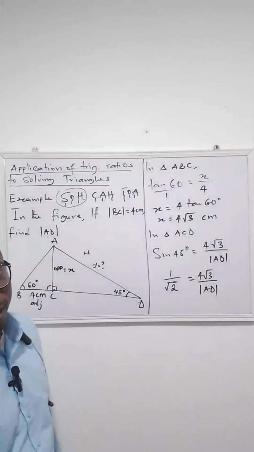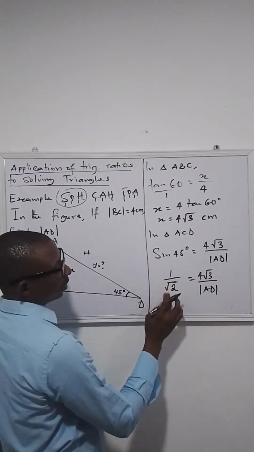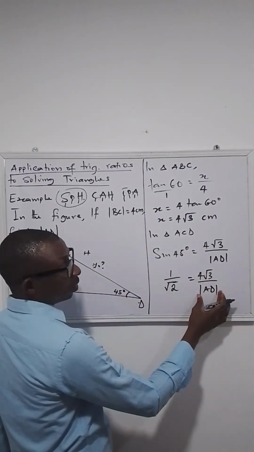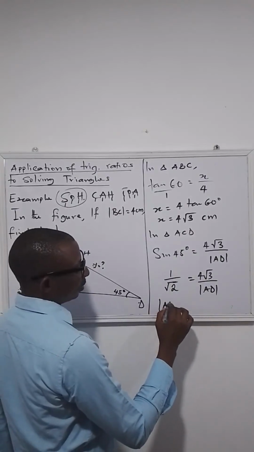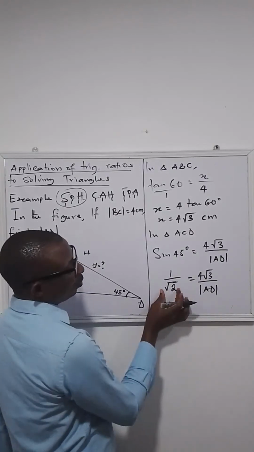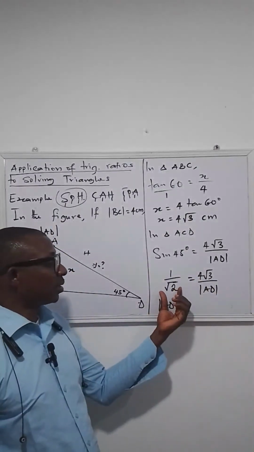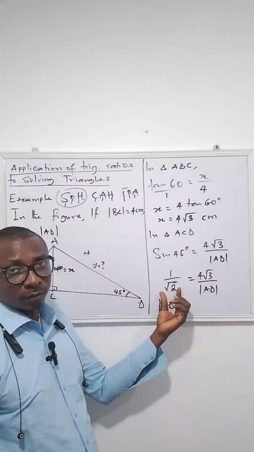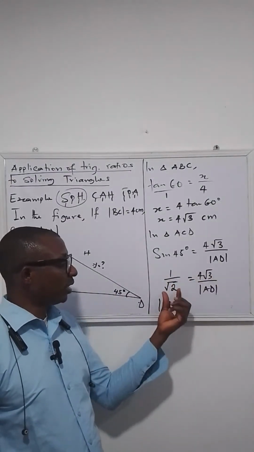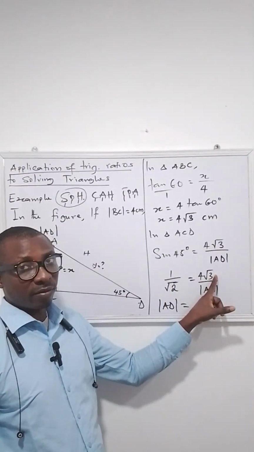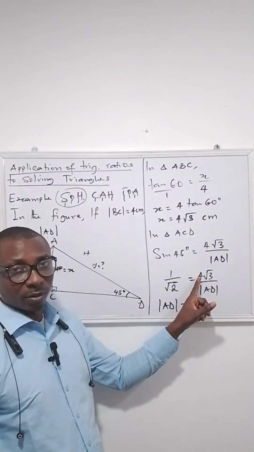Right? So here you can cross multiply. This multiplies this and this multiplies this. So AD multiplies 1. So you have AD equals to. Now use this to multiply this. Now you have to be careful. Look at this, this is a surd. This is square root of 2, this is square root of 3. So these two cannot multiply 4 to have 8 or whatever.